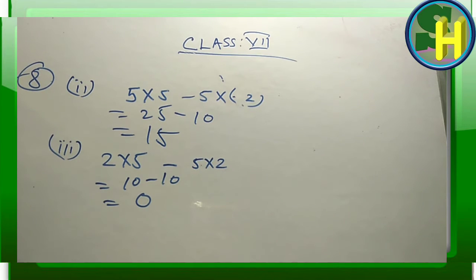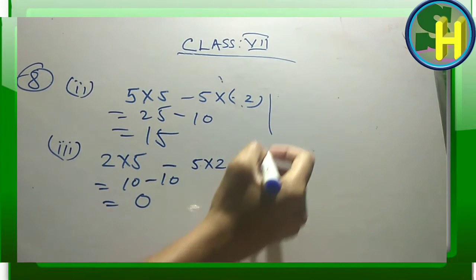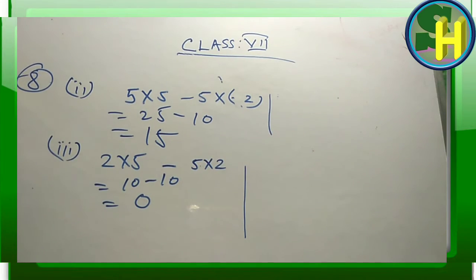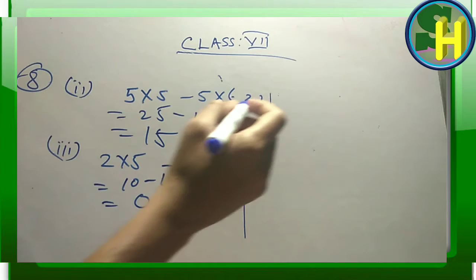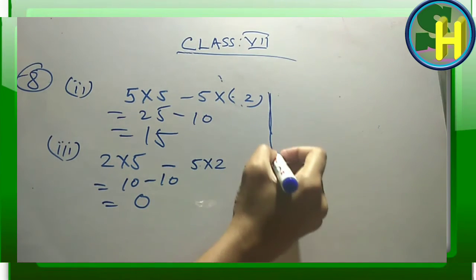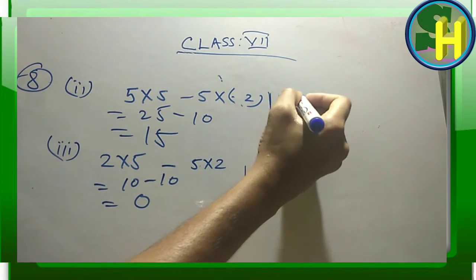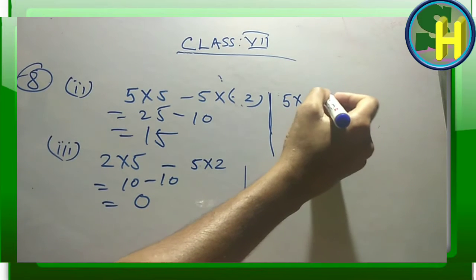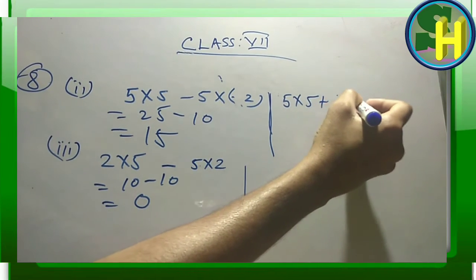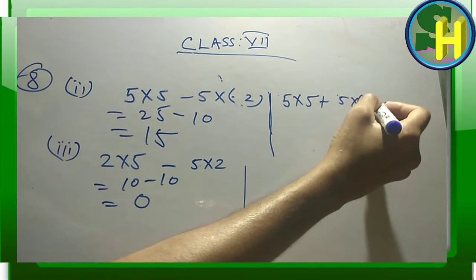Next is question number 9. In question 9, which of the following statements are true and which are false? You can do this sum in another way. You can express this one. How many questions? 10 questions you are having. This is 5 into 5 plus 5 into minus 2.